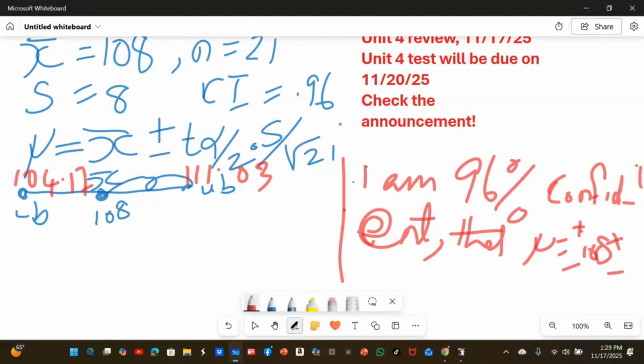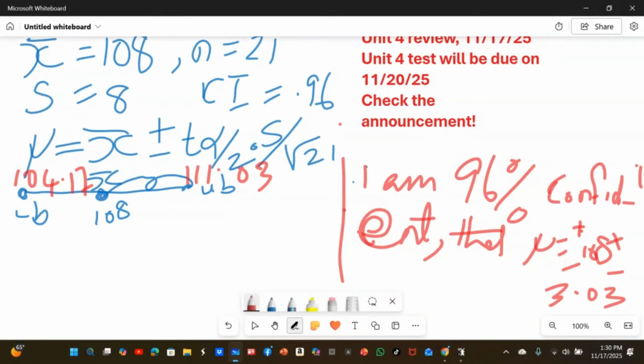The margin of error is 111.03 minus 108, which gives 3.03. So the sample mean plus or minus 3.03.